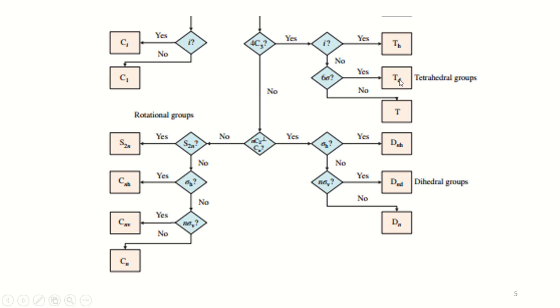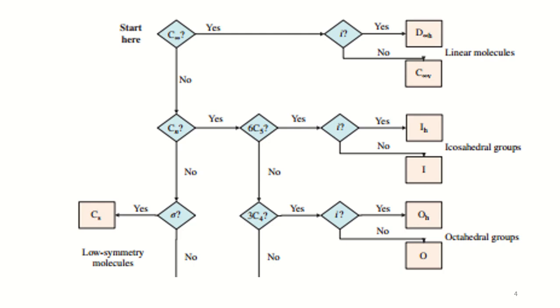Td is the tetrahedral group. Tetrahedral means 4 triangular faces. Oh is the octahedral group.